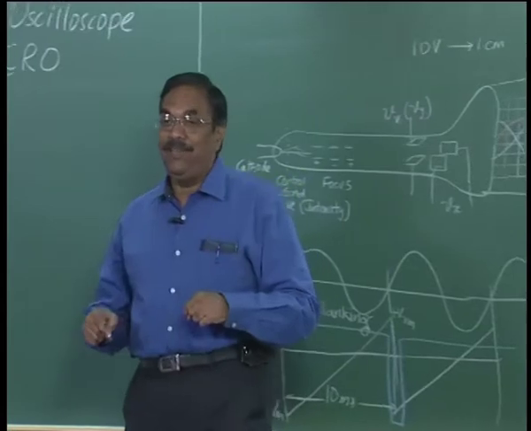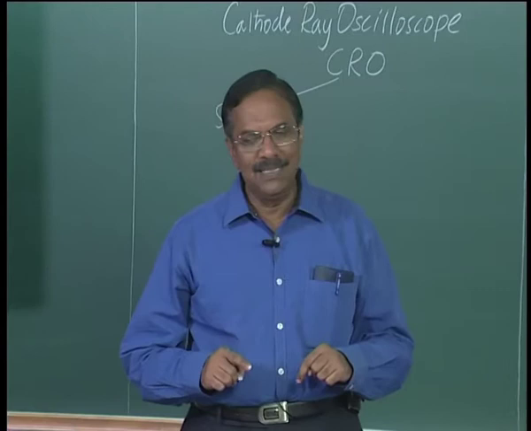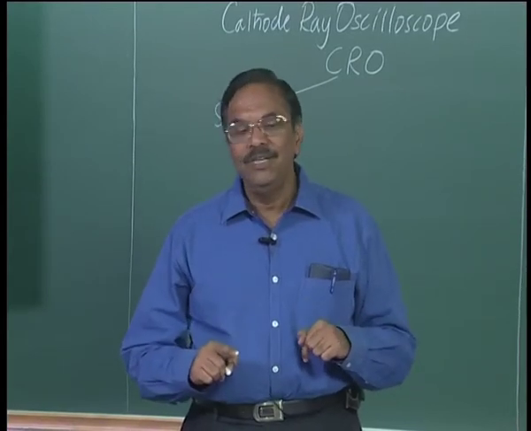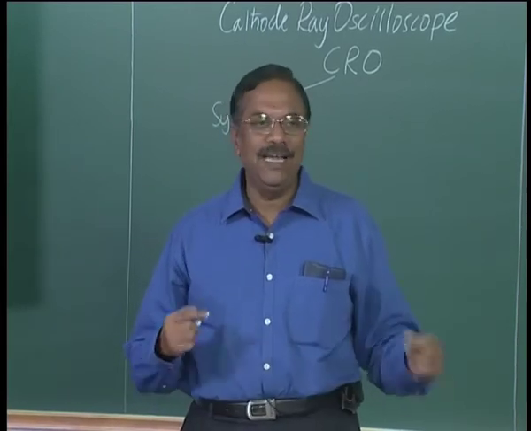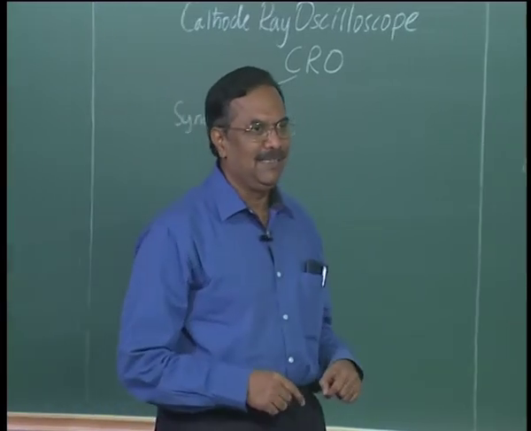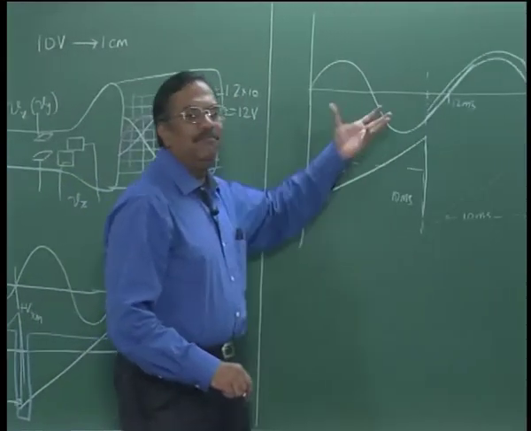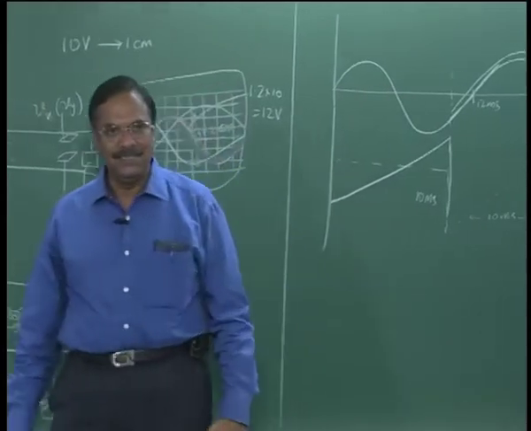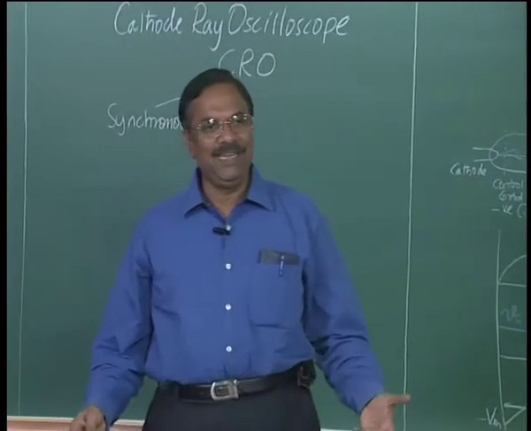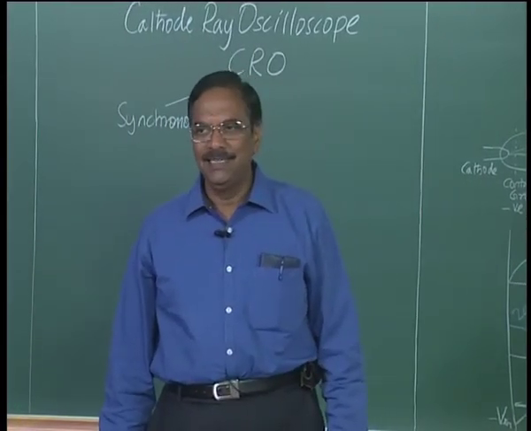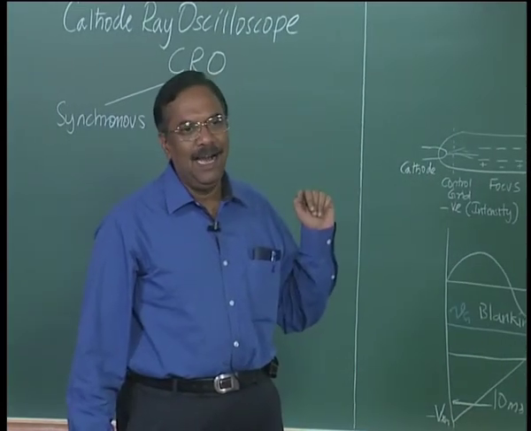The only way that I can see the waveform on the screen is the same portion of the waveform shown again and again and again on the screen, repeated at least more than 20 times a second, right. Because it is 10 millisecond, I know the frequency is 100 hertz, right, and so it is more than 20 times a second, it is 100 times a second. So, if I choose that portion to be repeated again and again, I would be able to see.